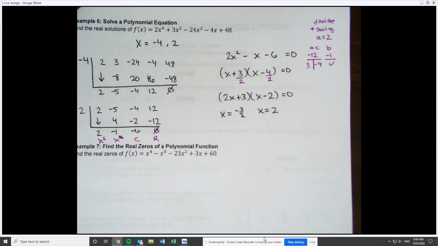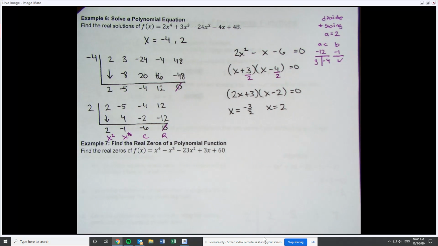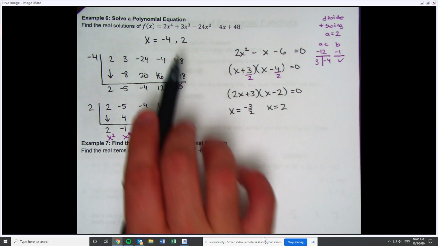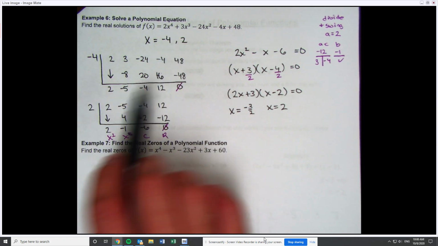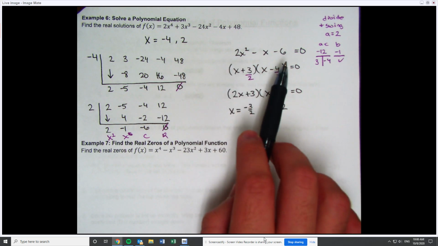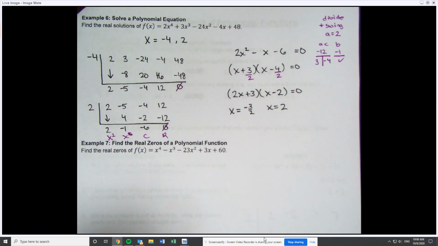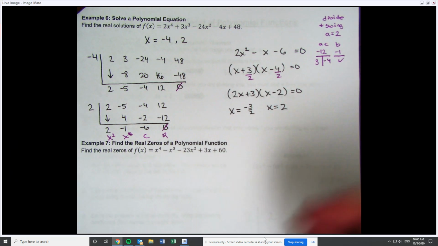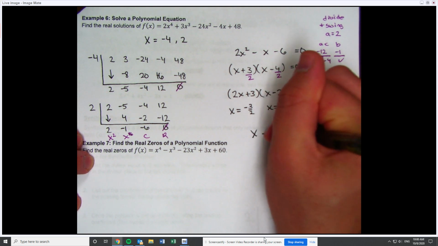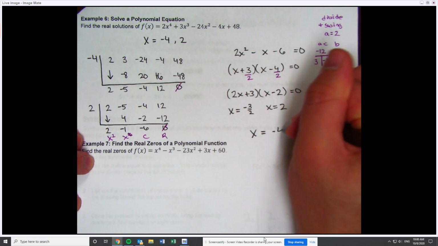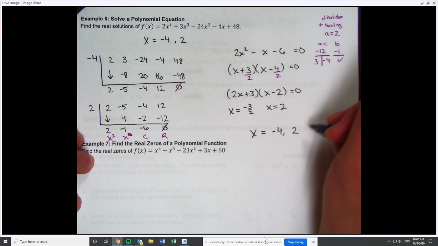But that's kind of tricky to remember. So I'd much rather you just use the ones that you see, and then solve whatever you get left over. Here you had to do factor, but we know how to factor. So our final answers on this one, we knew x equals -4, x equals 2 with multiplicity 2, but I don't have to write that, and then -3/2.